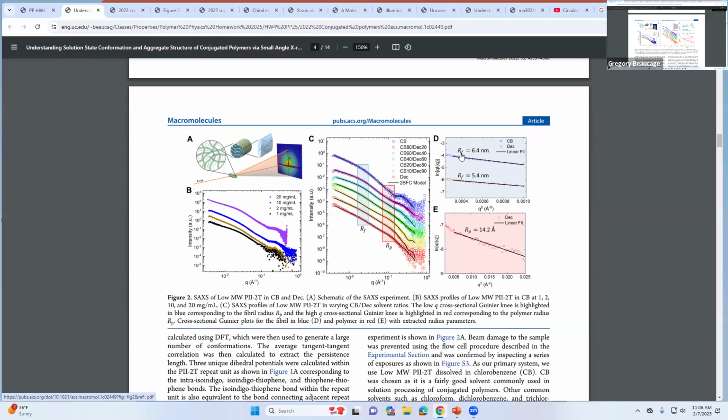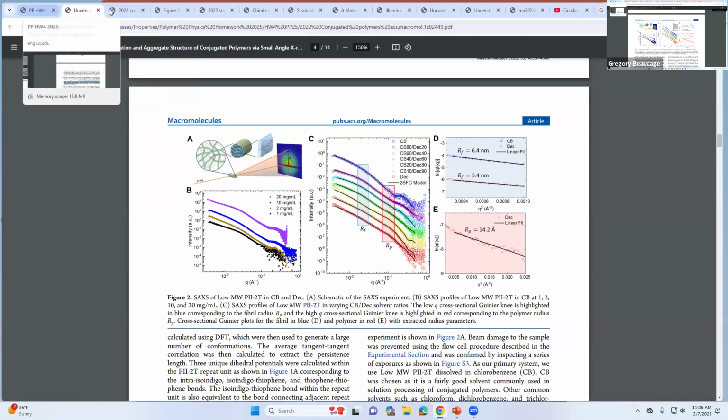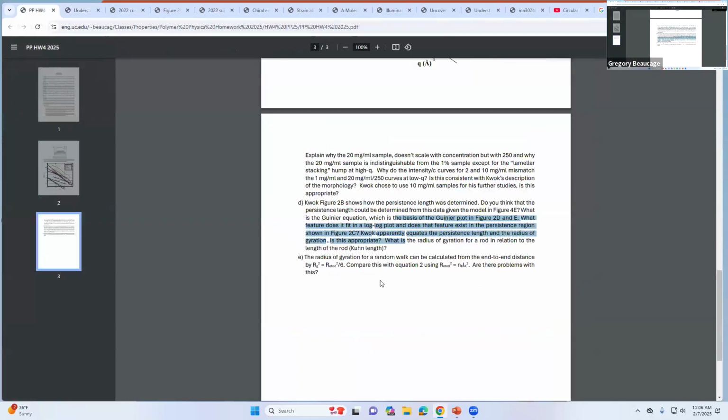And then he uses the radius of gyration to get the diameter of the tube, but the radius of gyration isn't the diameter of the tube. It's the diameter of the tube divided by the square root of 12. That's not how you get the diameter of the tube. There's a scattering function for tubes, and it isn't the radius of gyration. It's the tube. Anyway, the last one, that's what the last one is.